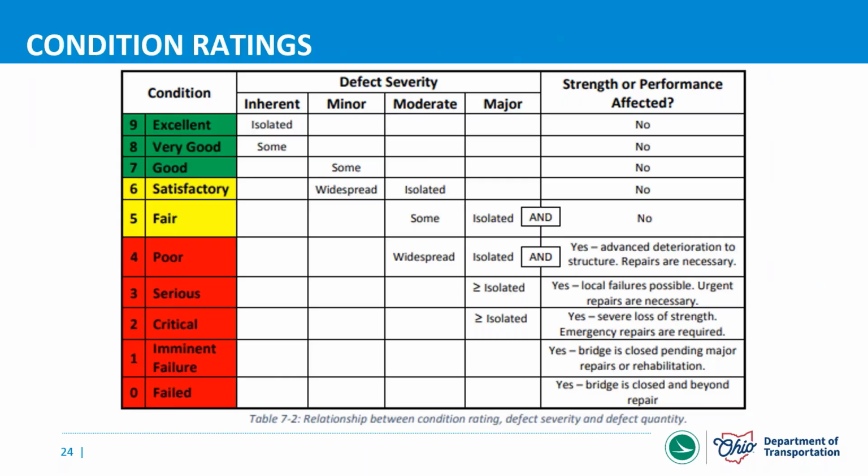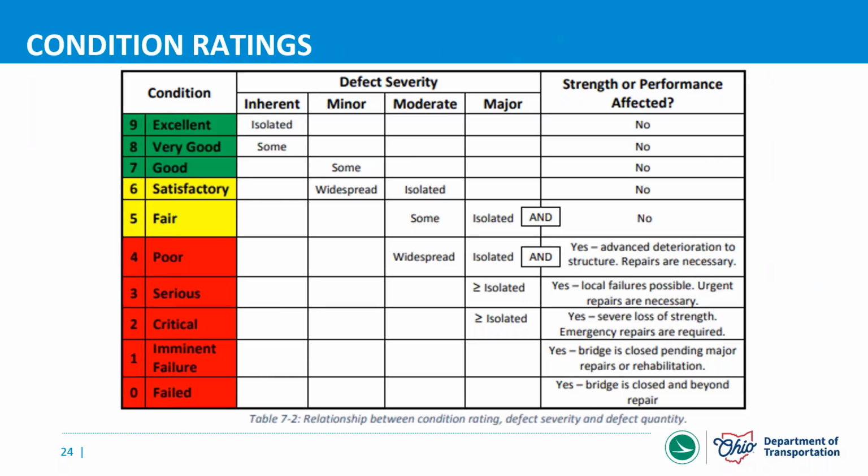As you get into chapter 7, it's broken up by component and then material type within that component. So you'll have the deck component first, and that will talk about concrete decks, timber decks, steel decks, and then you'll get into wearing surface, and then superstructure.